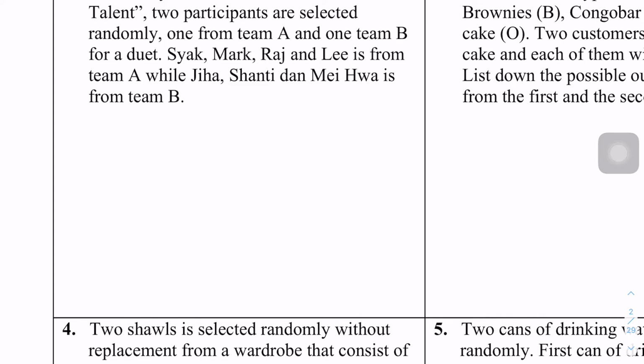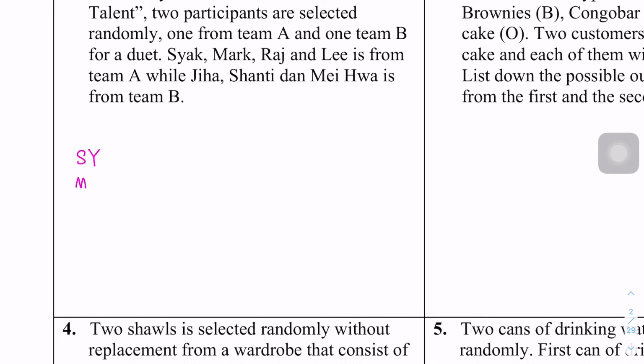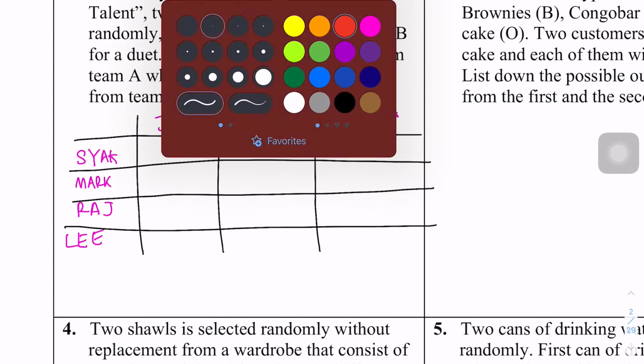So we have Shak, Mark, Raj and Lee, and then team B is Jiha, Shanti, and Mei Hua. Then we draw the grid. So what is the sample space?